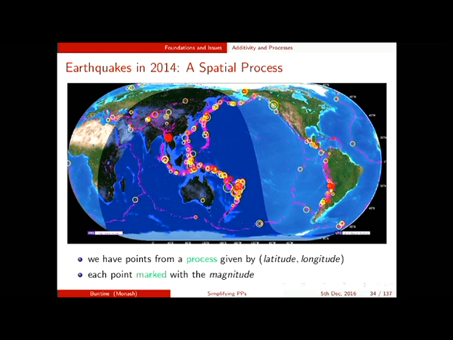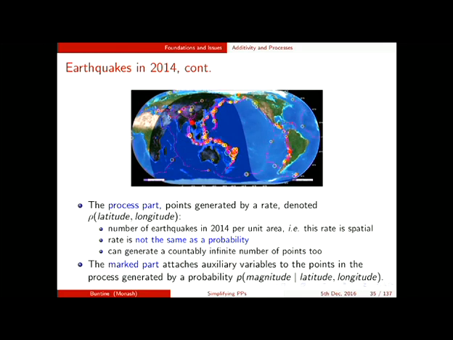But they're marked, and that's done with a probability distribution. The first part of it comes from a Poisson rate. The second part comes from a probability distribution. Number of earthquakes in 2014 per unit area. That would be our rate. And we know that geologists have probably got a very uneven map that has that rate on it somewhere.